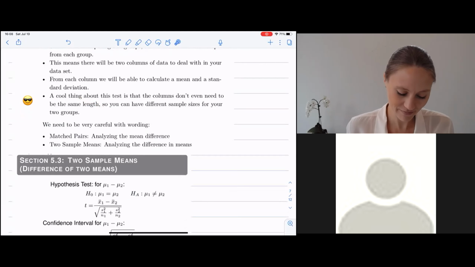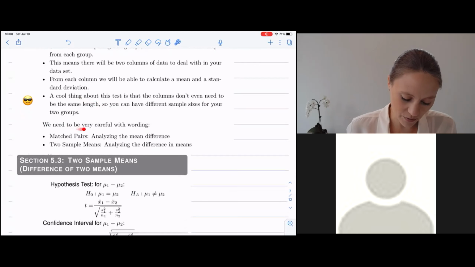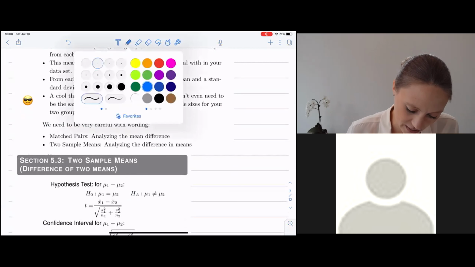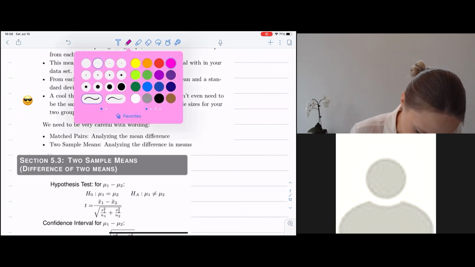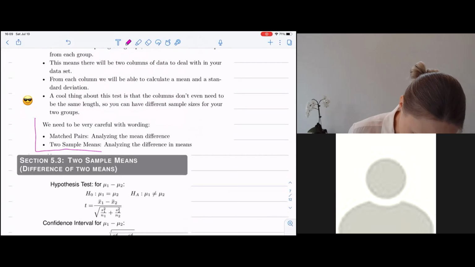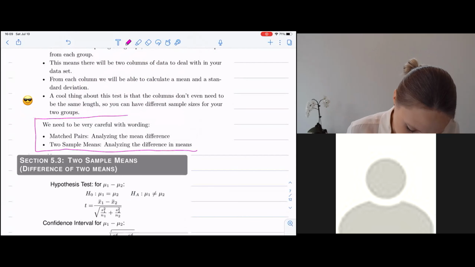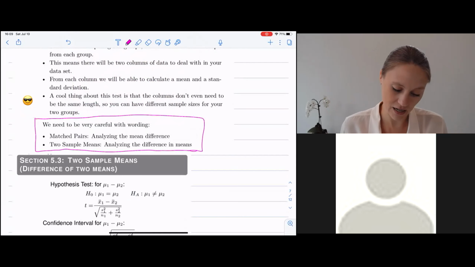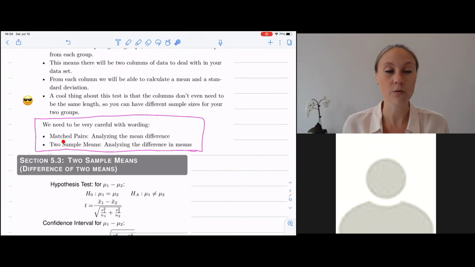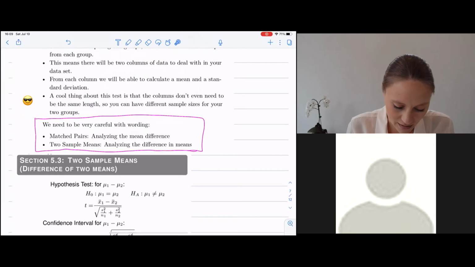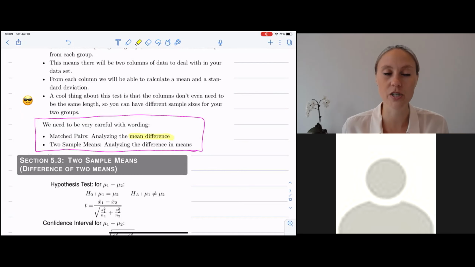All right. So we need to be really careful with the wording, and I'm going to draw a little box around this because it can get very confusing. For matched pairs or paired data, we're analyzing the mean difference, the average of the differences.